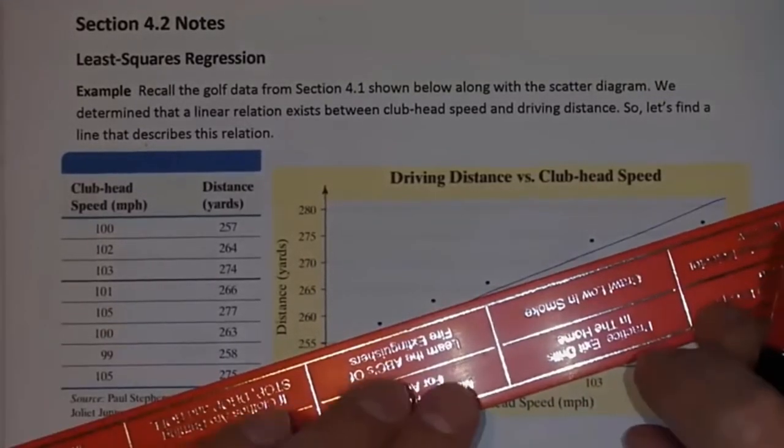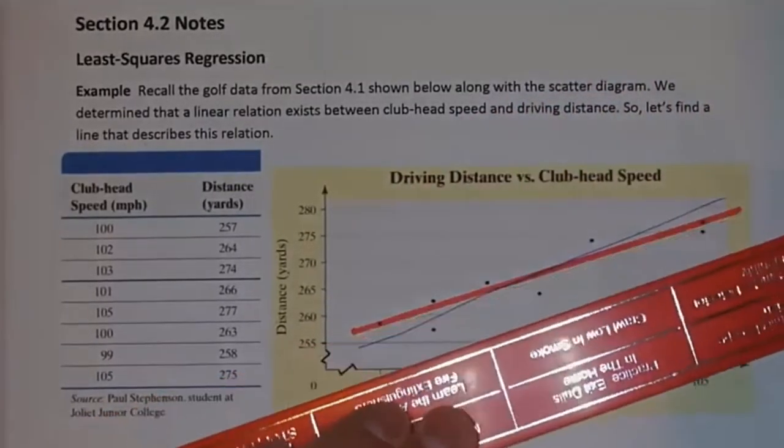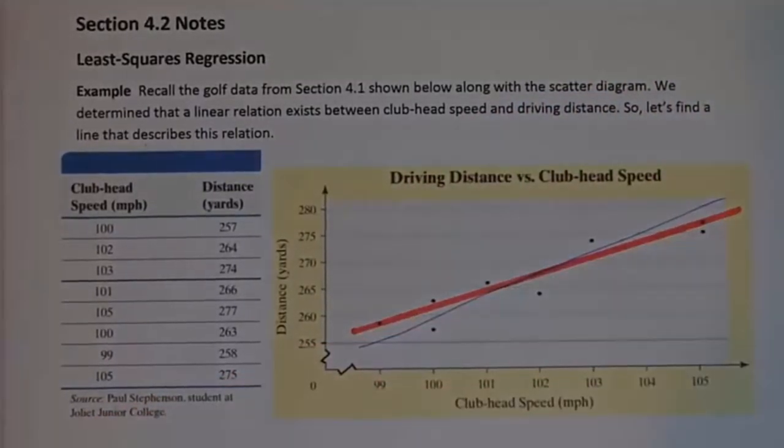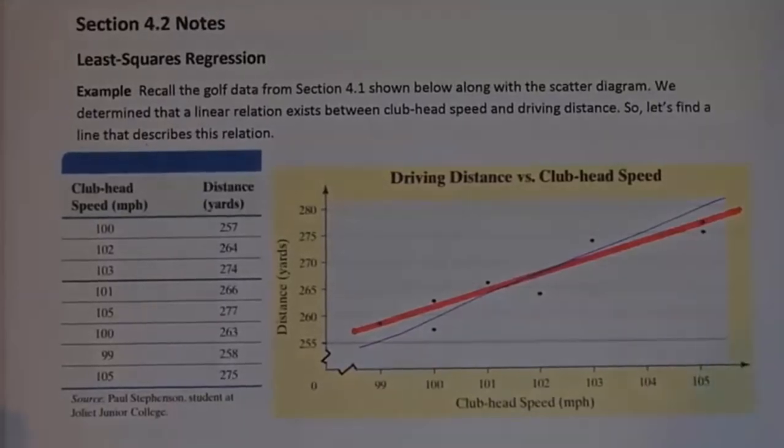So I'm going to do that. I did that in a different color just so we could tell the difference between the two. So my red line here, I could use as a model as well. But which one would be better, the red line or the blue line? Or is there still another line that would be even better?